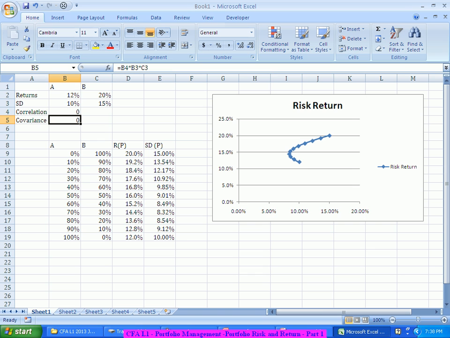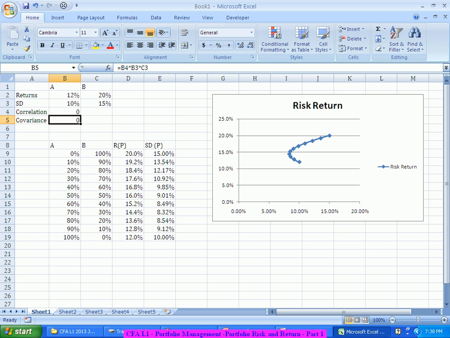So when we are looking at only the upper sloped ones, which means as the risk is increasing, the expected return is also increasing, only that upward sloping part of the minimum variance portfolio we call the efficient frontier. The minimum variance portfolio is everything, the downward sloping as well as upward sloping.